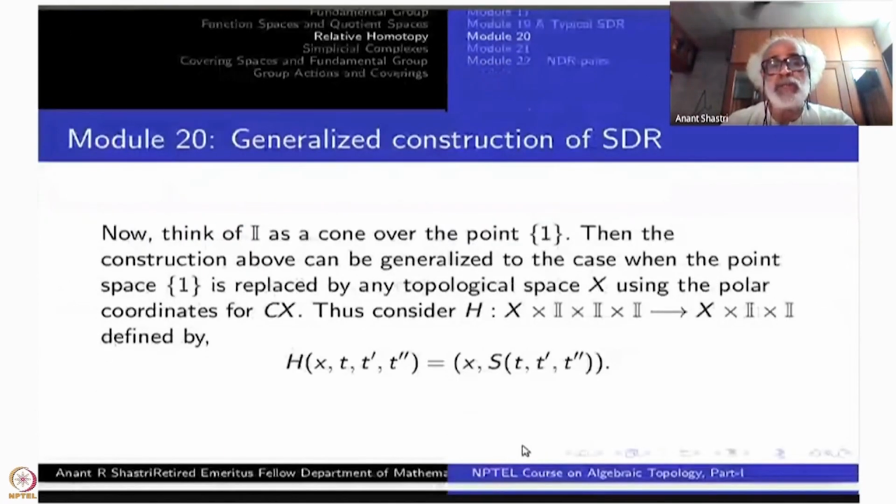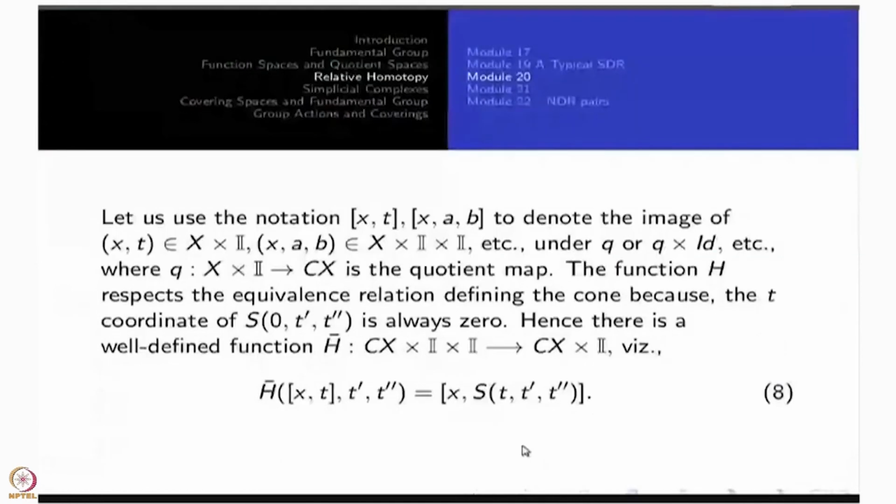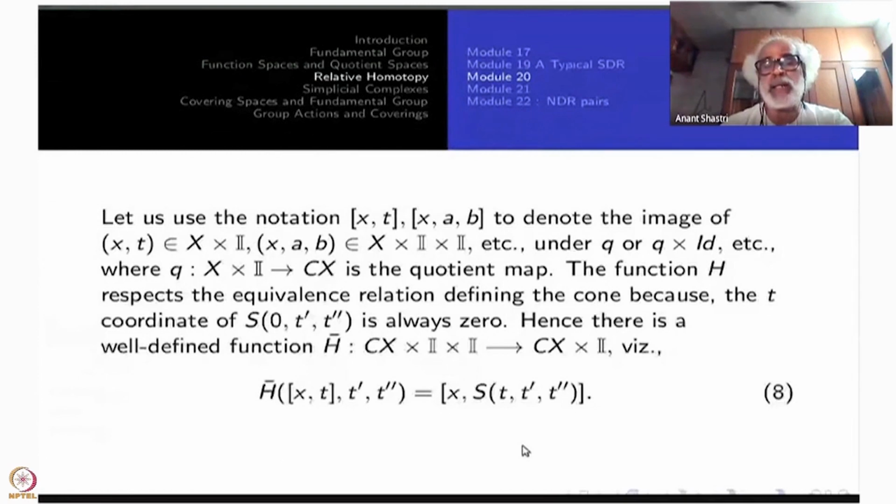Let us use the notation (x, t) in round brackets, (x, a, b) in round brackets, etc., to denote the image of xt, xab etc. inside the product space under the quotient maps, where the quotient maps are cone constructions.